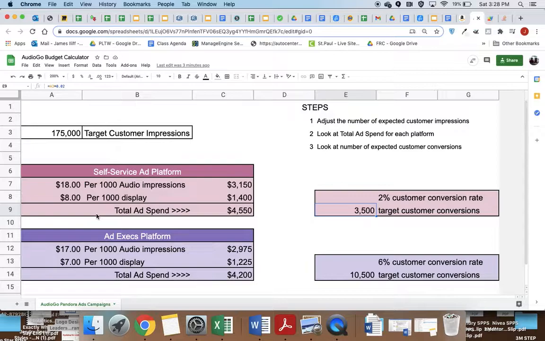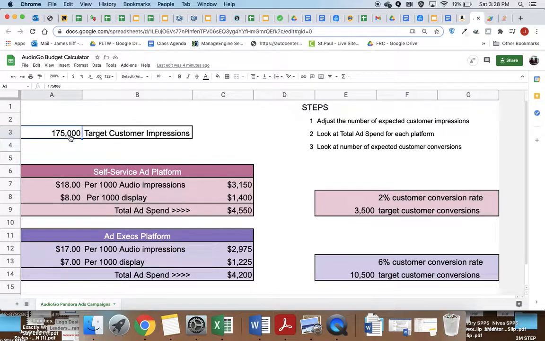And so you get to decide, Tide wants your input on how many customers that they should go for. They think 175,000 is a good number, but you could propose a higher number, a lower number.